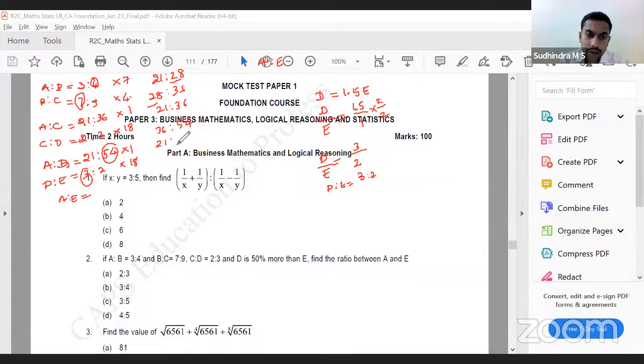You get 21 is to 54. 18 3s are 54. 18 2s are 36. 54 is to 36. So can I say A is to E is 21 is to 36? Yes, sir. Or if you further simplify, 3 7s are 21, 3 12s are 36, so 7 is to 12. So none of the options are correct. 7 is to 12 is the answer.